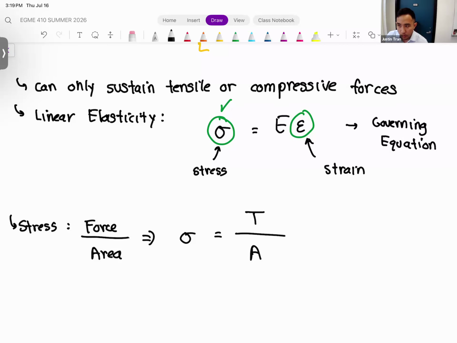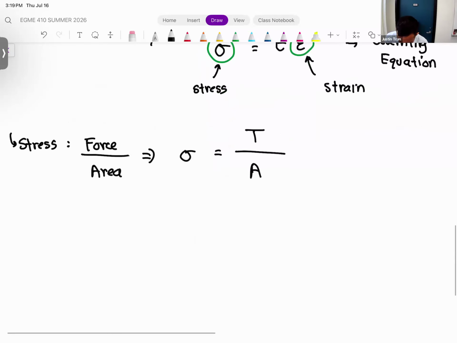So now let's plug in for an expression for the strain. Let's think about how strain is typically defined. Luckily, here we have a one-dimensional case, and so strain is quite easy to define.